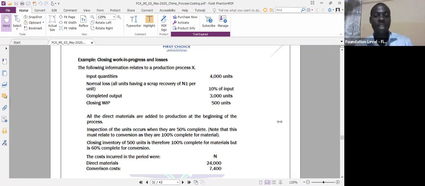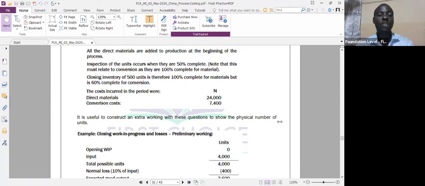Note that this must relate to conversion, because 100% of the material is already complete. Closing inventory of 500 units is therefore 100% complete for material, but only 60% complete for conversion.